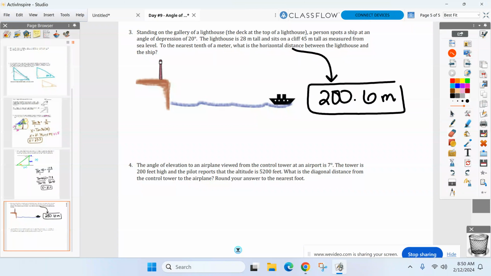And as you decide what ratio to use, hopefully 28 or 45 are not in your equation. You can't use either of them separately.